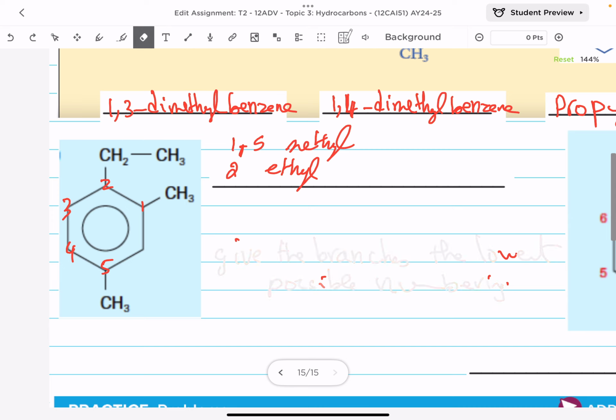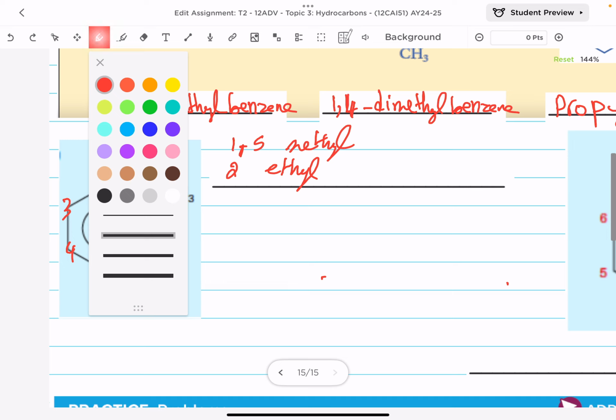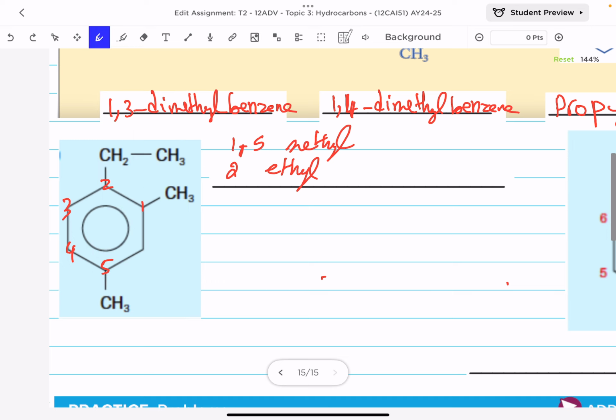Now, I'm going to change the color of my pen and number it in a different way. Let's say 1, 2, 3, 4, 5, and 6. So I have on the second and on the fourth methyl groups, and I have on the first ethyl.